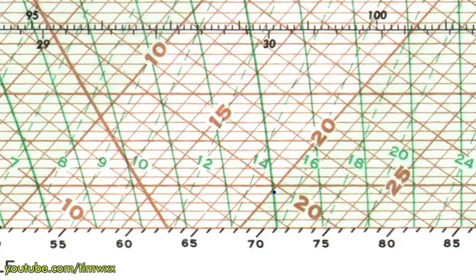Isentropic lift. Let's take a situation where we have southeasterly flow. I'm going to draw out the skew-T kind of like this. Let's say we have a warm air advection pattern.